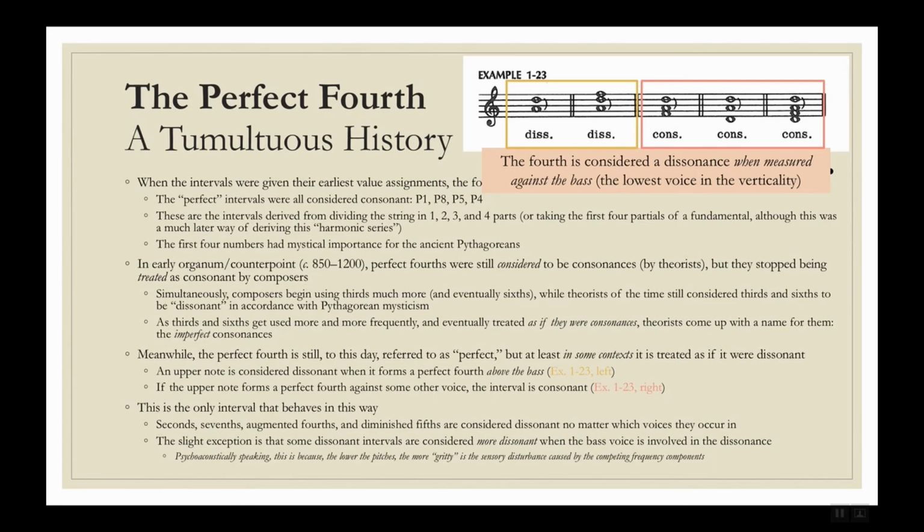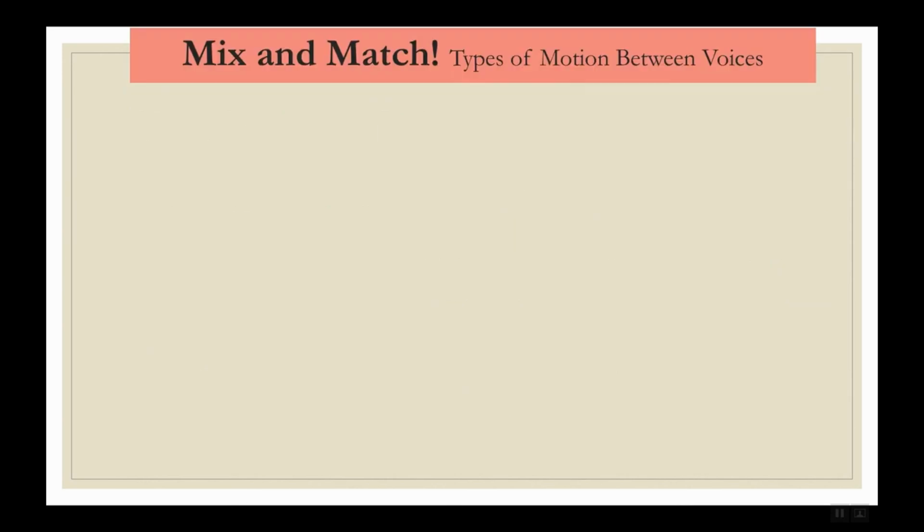A fourth down there is probably more dissonant than the fourth up there. And if I did a minor second, you'll hear it for real. And I'll do it in a higher octave. Actually, it sounds pretty dissonant in both.